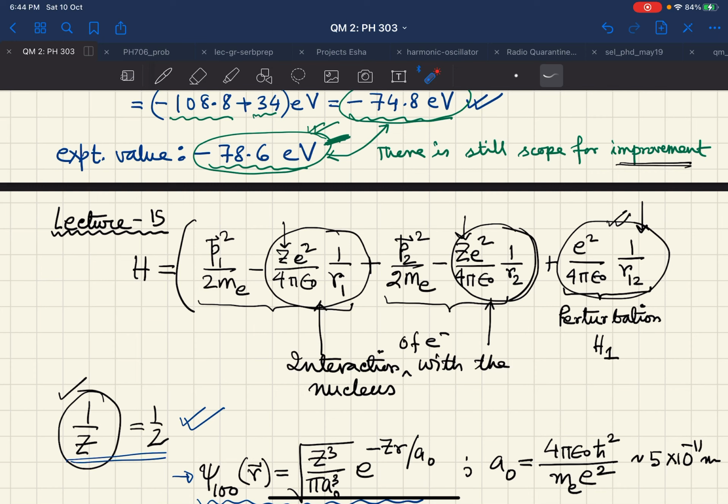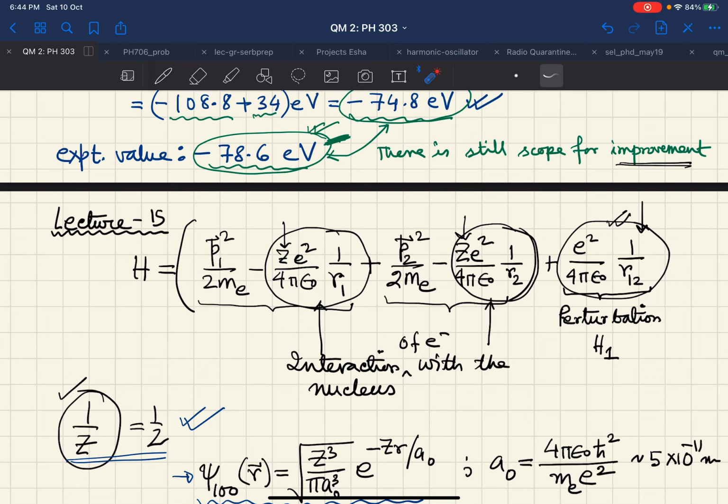Always, everywhere when you want to apply perturbation theory, you need to ask religiously: what is the small dimensionless parameter that ensures that this additional term is smaller than the original terms? What guarantees that this will be smaller compared to these combined terms?